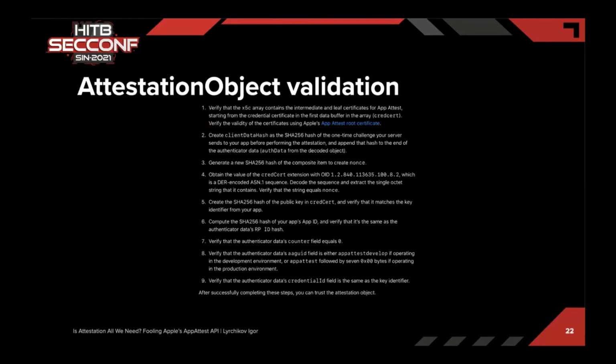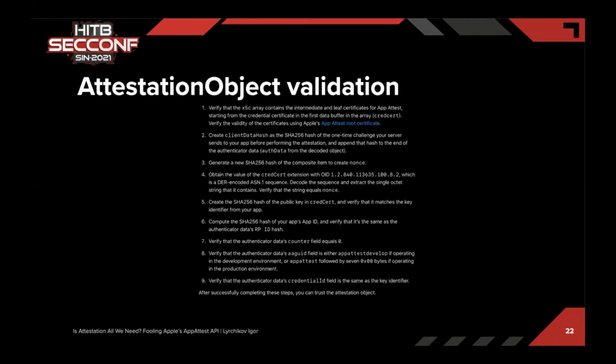Now let's talk a bit more about these validation steps, what this CBOR thing is, and which values we need to take care of and interpret properly. After you store the attestation object on your backend, you need to decode it using a CBOR parsing library, as I said.